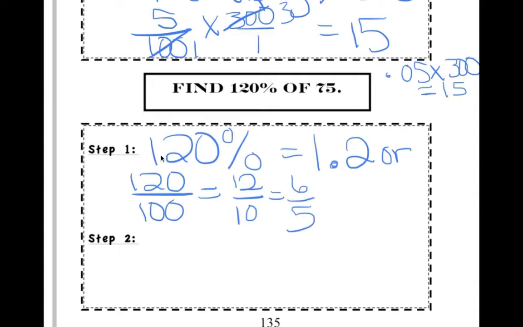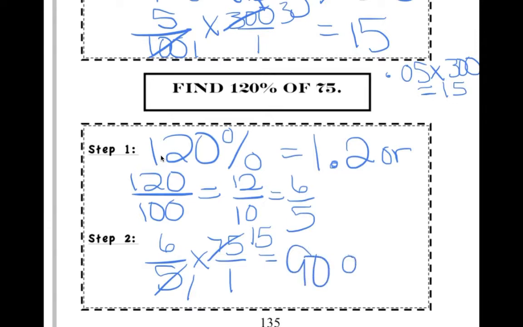Okay, either way, you decide, and then we're going to multiply that out. So either 6 over 5 times 75, which equals, cross that out, and we get 6 times 15 equals 90, or 1.2 times 75 equals 90.